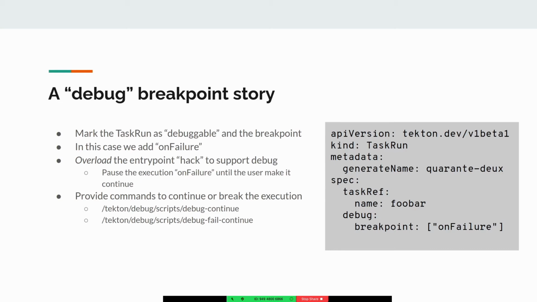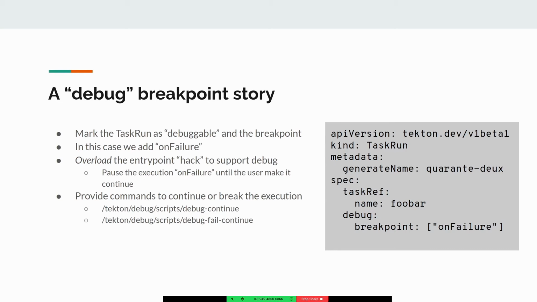When the user gets environment access, they can debug whatever they want over there, and then continue the step from there by marking the step either as a success or a failure. To continue and break the breakpoint and mark the step as a failure, we provide scripts which help do all these things.